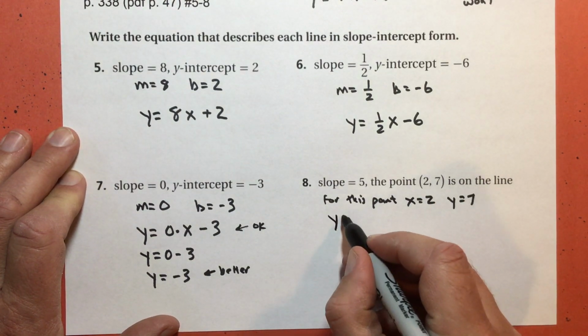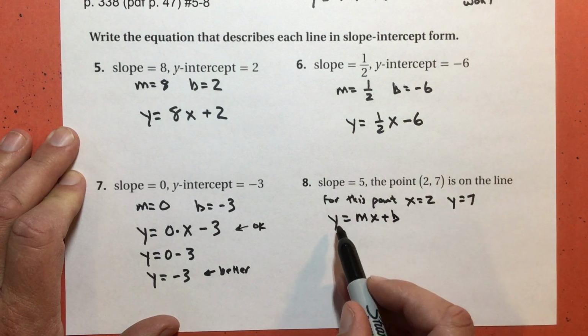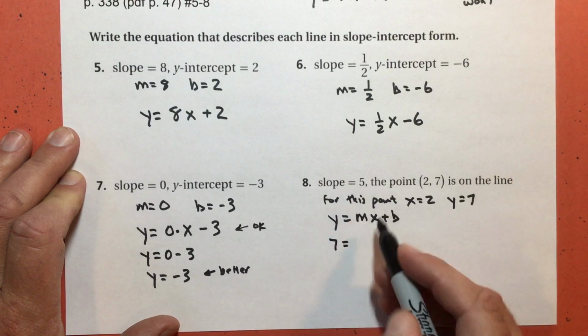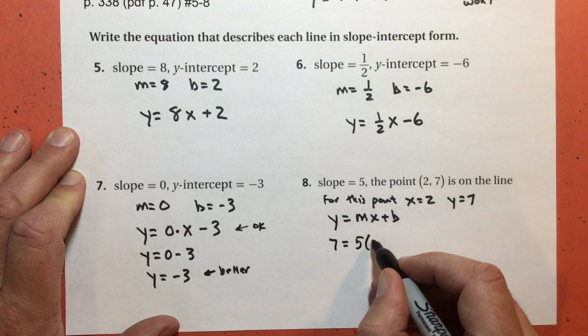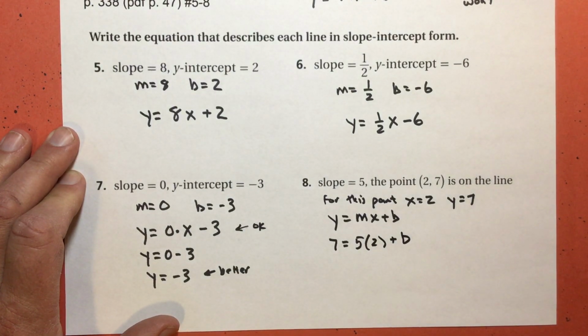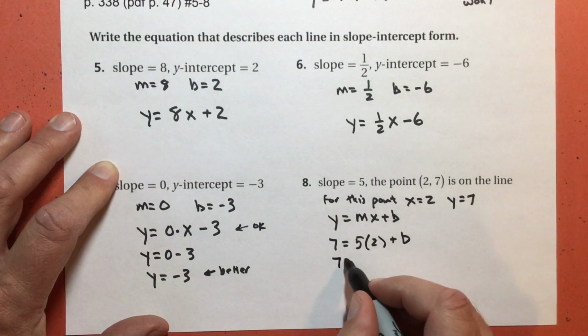I write my slope-intercept form. My y is 7. My slope is 5. And for this point where I got 7, my x is 2. I don't know what the b is. That's what I'm looking for. 5 times 2 equals 10.